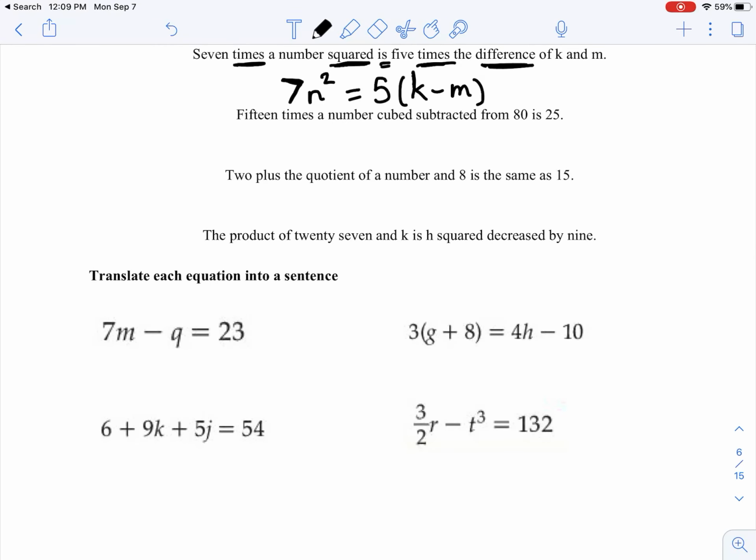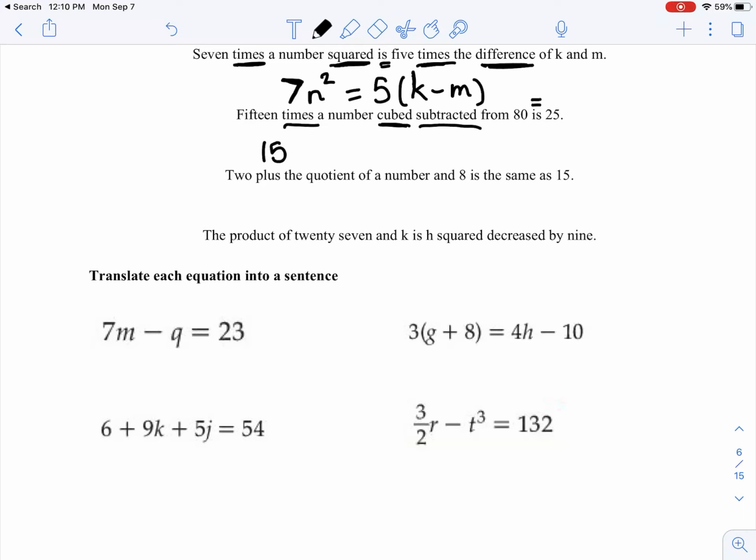15 times a number cubed subtracted from 80 is 25. Here's going to be our equal sign. Always looking for the word is. Subtracted, obviously we're going to subtract. Cubed is another exponent. We'll talk about that in a second. And then times is obviously multiplication.